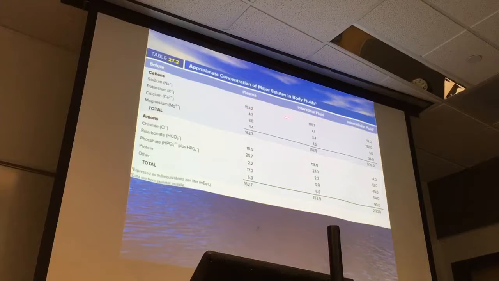So you would expect most of these to be very close, right? Until we get to proteins. See the difference? Most of these are very close. So plasma and interstitial fluid are very close in their composition except for proteins, 17, 0.0. See that? Now what's located between interstitial fluid and intracellular fluid?